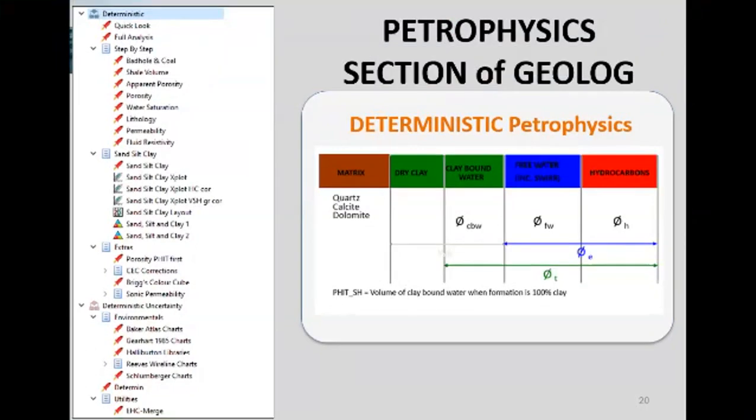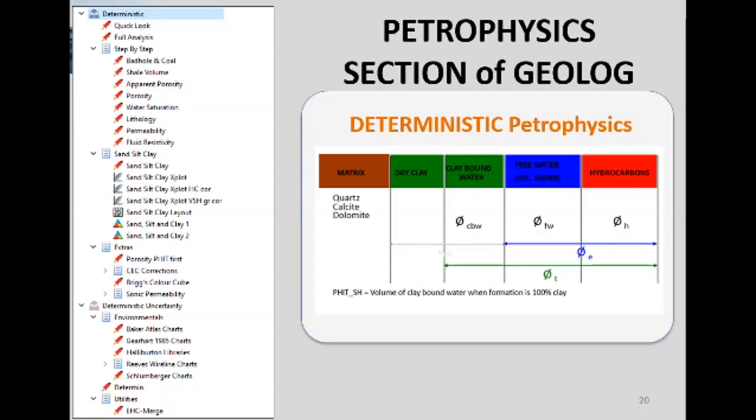Individual modules that allow you as an analyst to apply all the major modern petrophysical models in a traditional deterministic analysis methodology. All common techniques for shale and clay volumes, porosity, saturation, and lithology determination are included.